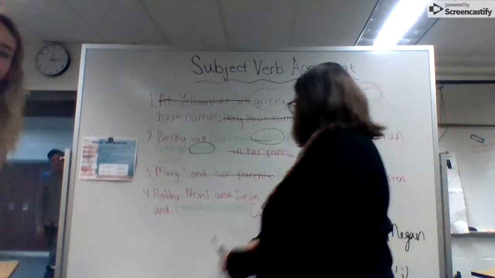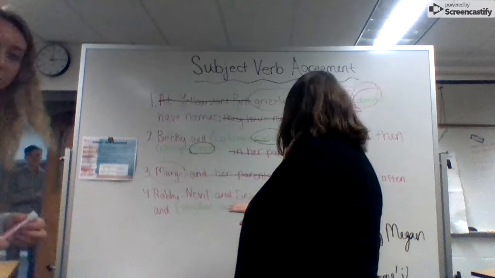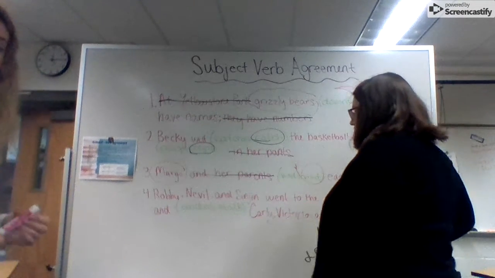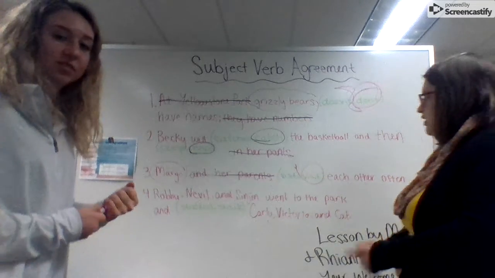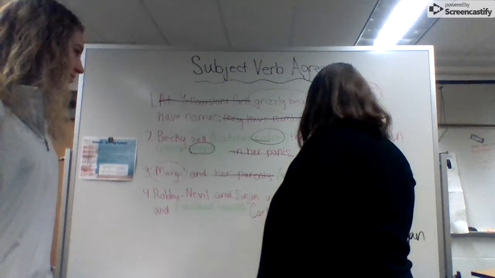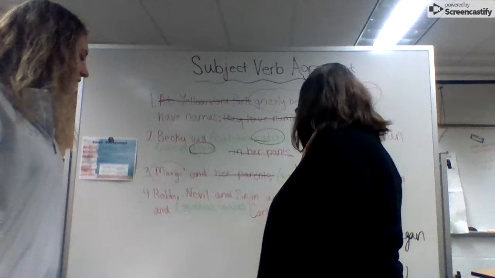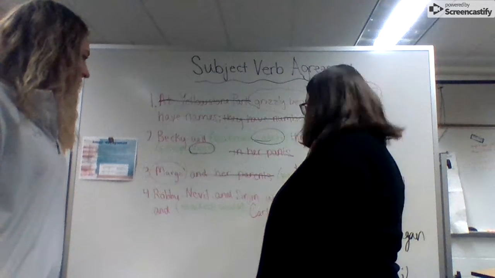And our very last one. Robbie, Neville, and St. John went to the park and stalked Carly, Victoria, and Kat. Let's dumb this down a bit. To the park. And that's really it.